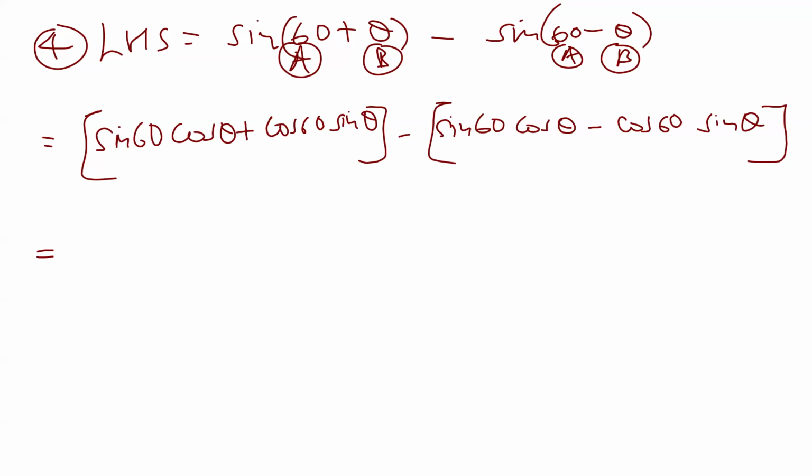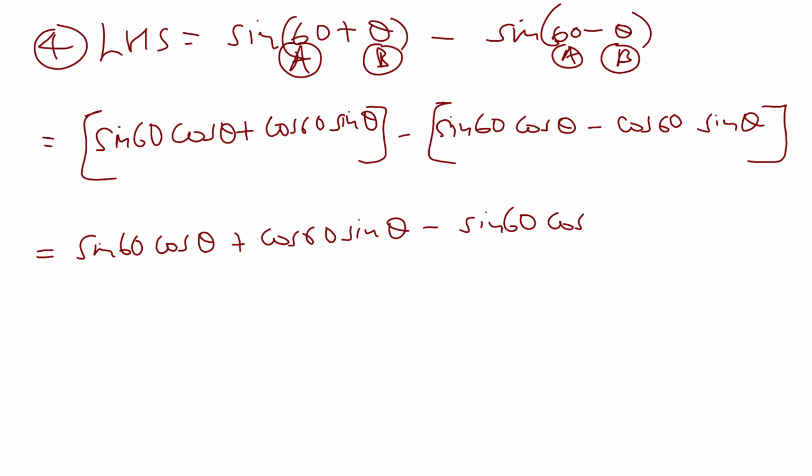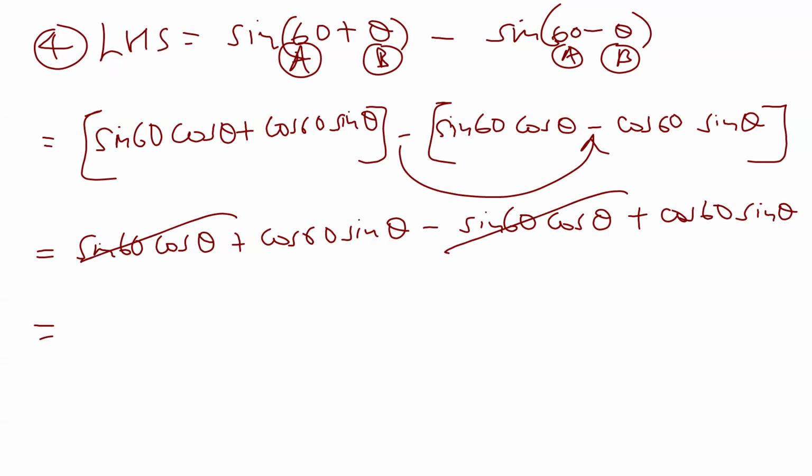Open the bracket. Sin 60 cos theta plus cos 60 sin theta minus sin 60 cos theta plus, this minus into this minus is plus, cos 60 sin theta. So this and this term are getting cancelled.